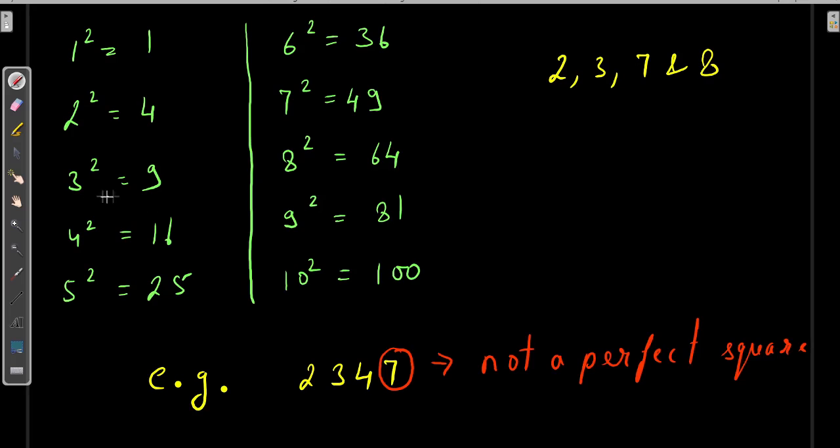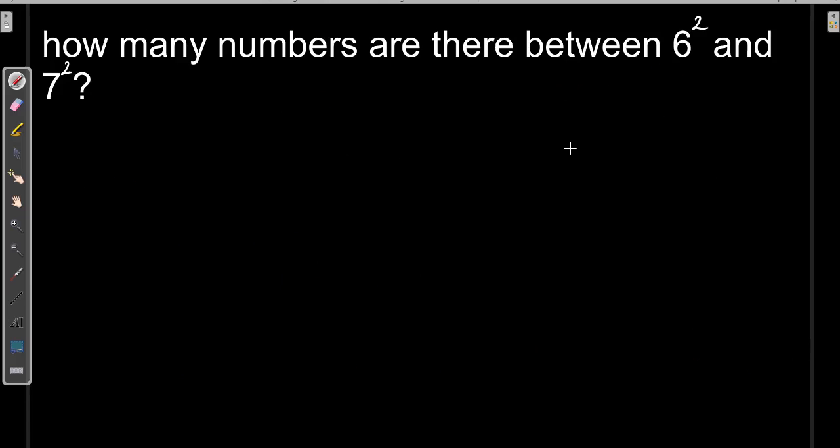Suppose 3 square, 9, is a perfect square, 16 is a perfect square, 25 is a perfect square. But if I take 12, then 12 is not a perfect square. So similarly, if any number's unit digit is 2, 3, 7 or 8, then it is not a perfect square number.